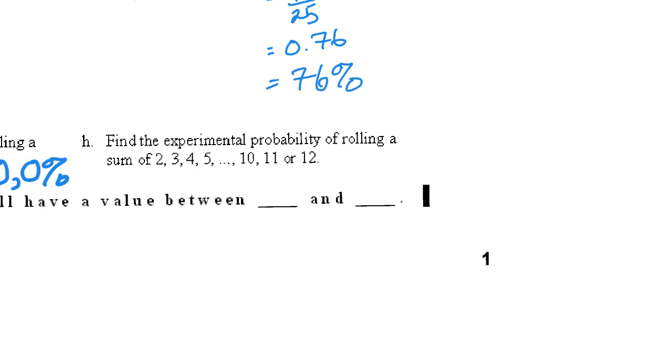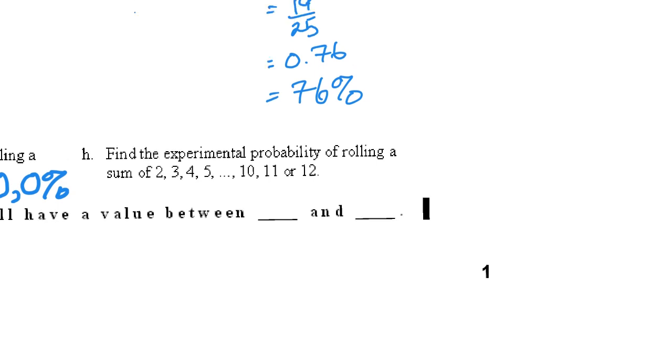So when we do this, we end up with 1 or 100%. And that's it. So all our probabilities go from 0 to 100%.